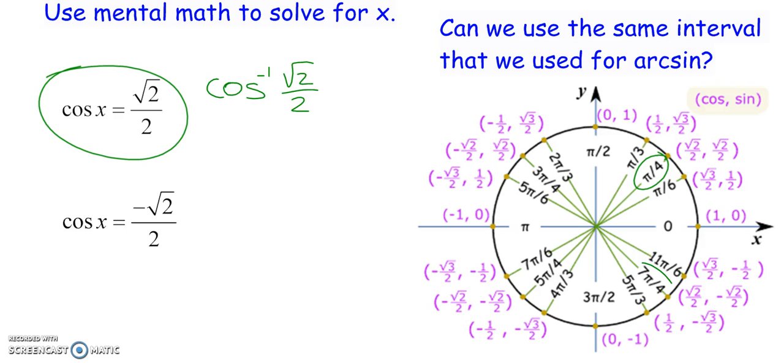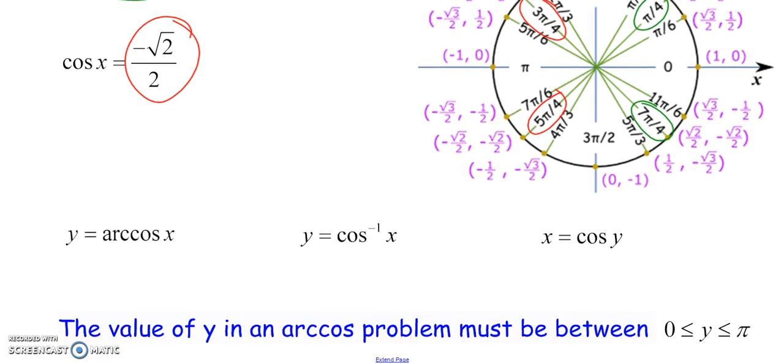There's also an answer at 7 pi over 4. And anything coterminal with that would be an answer. So there are plenty of, again, an infinite number of answers. Here, for this problem, you would have answers at 3 pi over 4, 5 pi over 4, and any answers coterminal with that. So again, we have some problems.